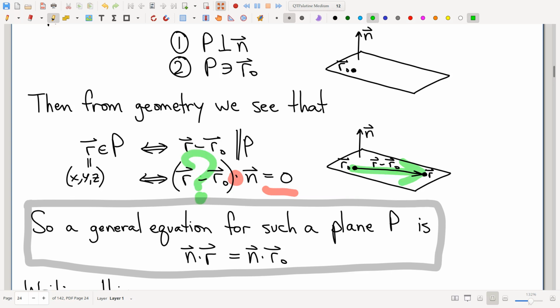Well, if that difference is 0, that means we're testing r being the point r naught, which is given to be in the plane. So we want that to be a pass. We want that to count. If we were to say perpendicular, that would exclude r naught from testing positive as being in the plane, and that's ridiculous.